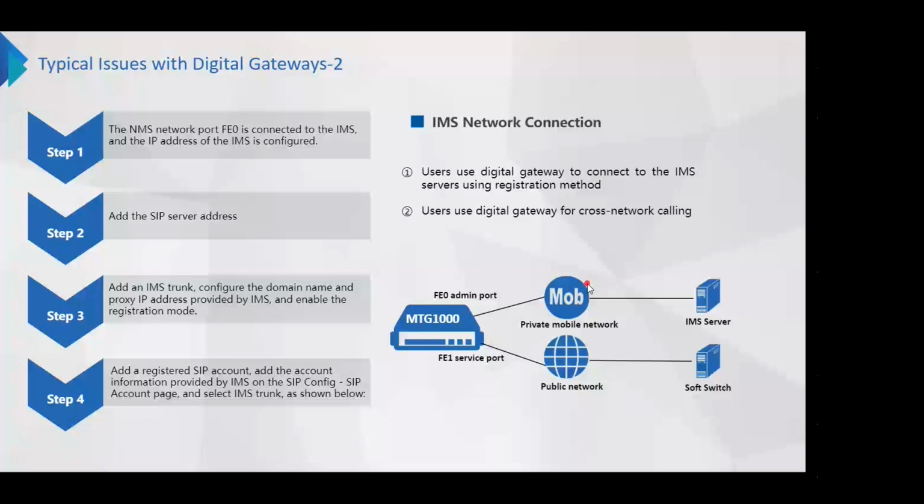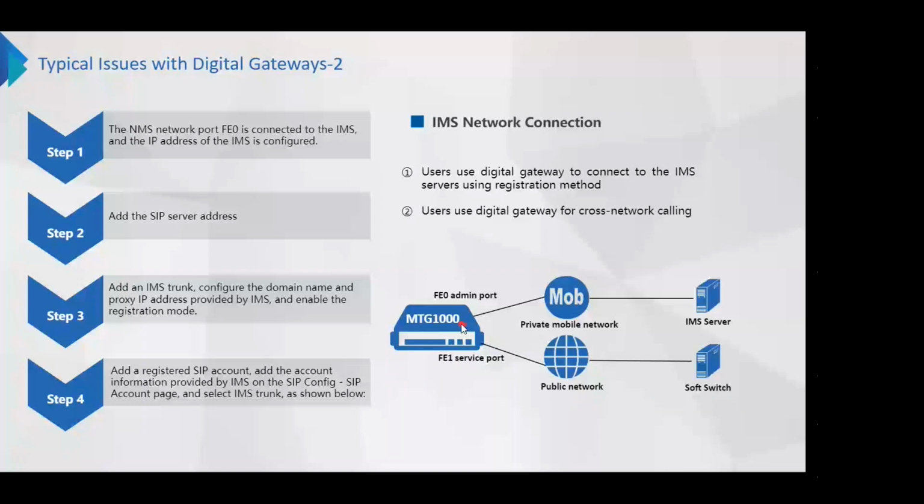Of course, if a customer faces problems like cross-network cabling or call routing, you can use our MTG as a hub or router to do that. Here are some steps.